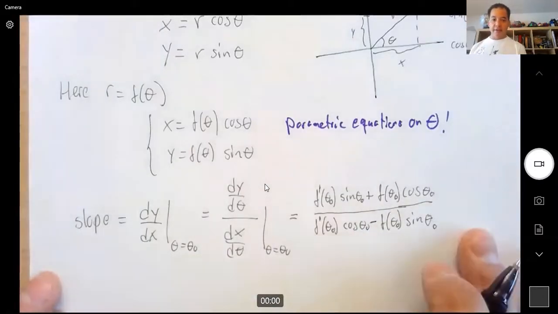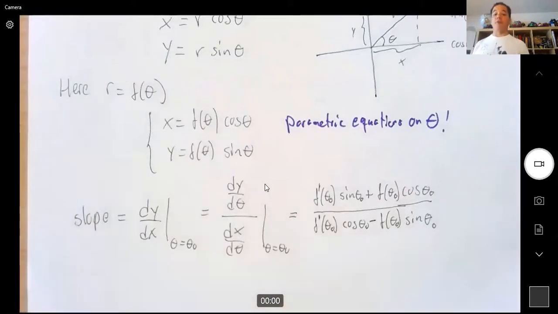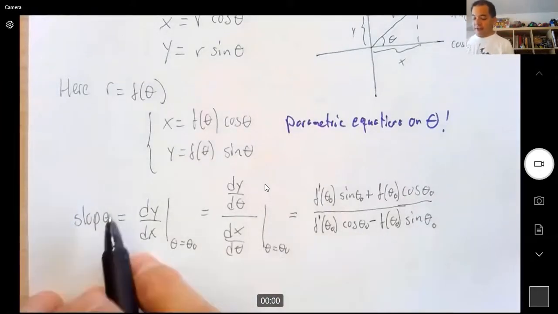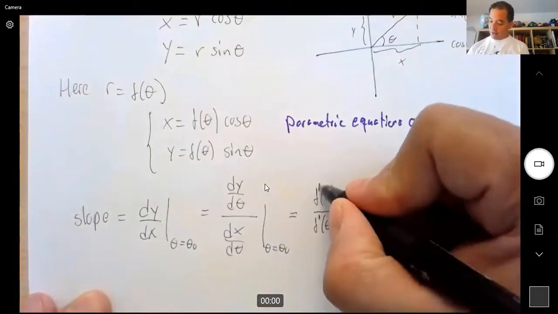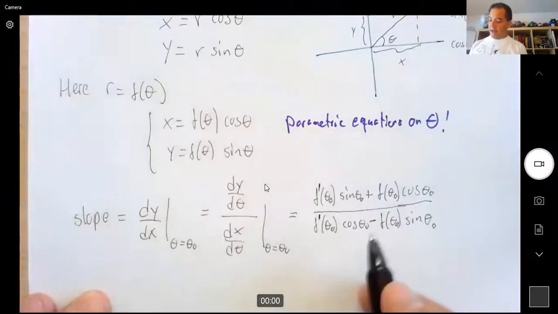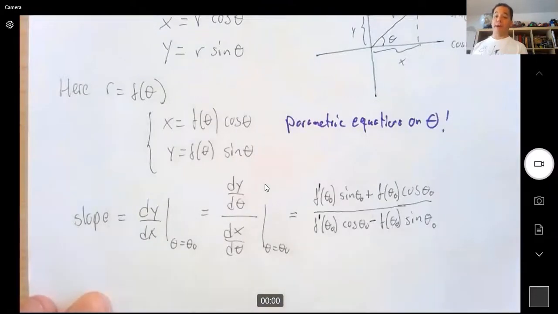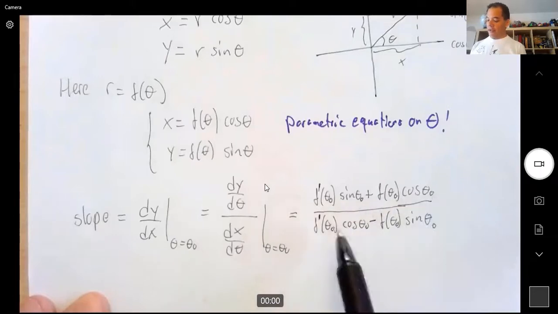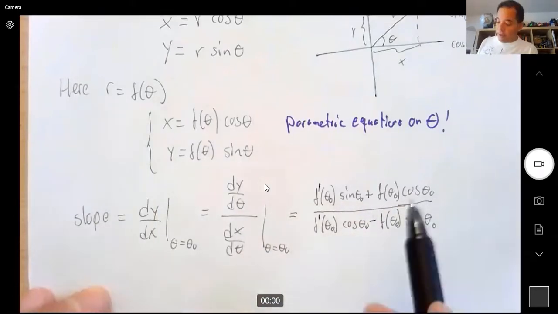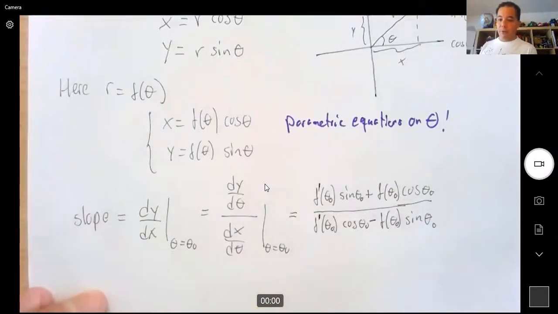And that's it. That's, if you want it, the formula for the slope of the tangent line at a specific point. As you can tell, it's not the same as simply doing f prime. It's f prime times sine plus f cosine, etc. But I recommend that you remember where it comes from. That way you don't need to remember this complicated formula.